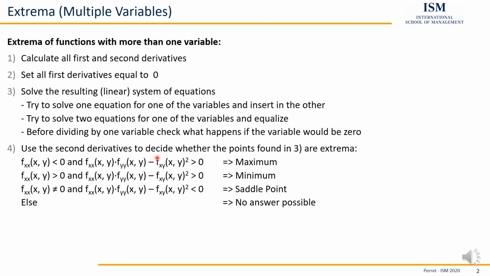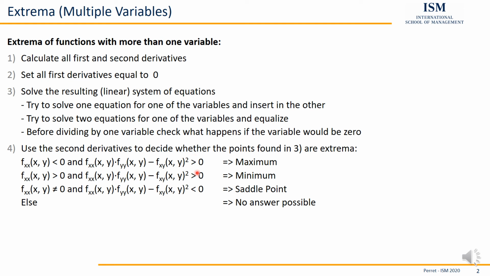If this is positive, then we can get a minimum or a maximum. If it's negative, then it could be a saddle point. Whether it's a maximum, minimum, or a saddle point is determined by the value in the upper left.